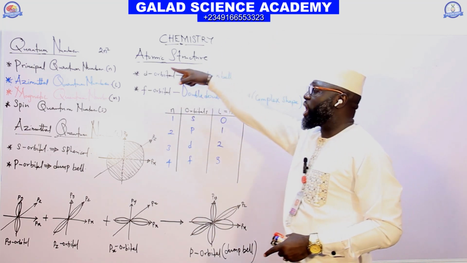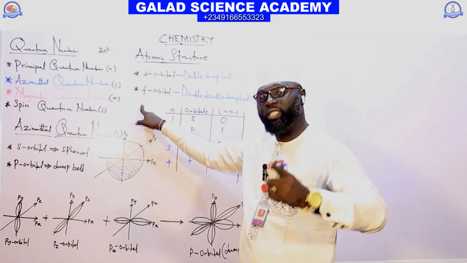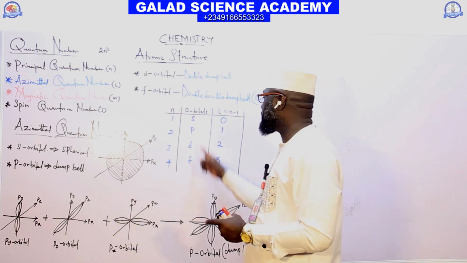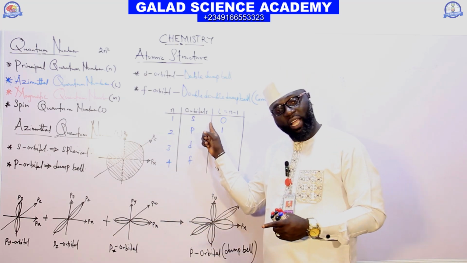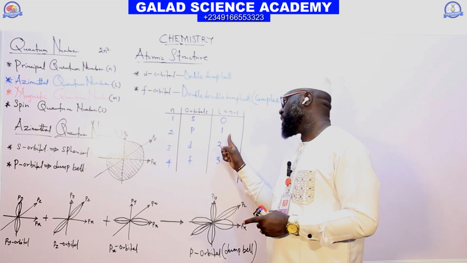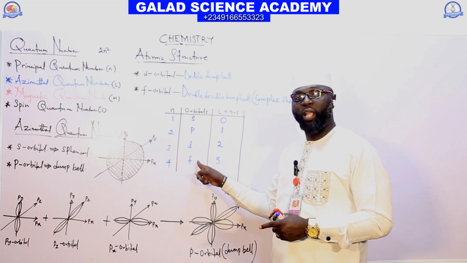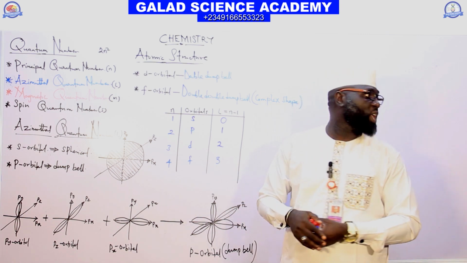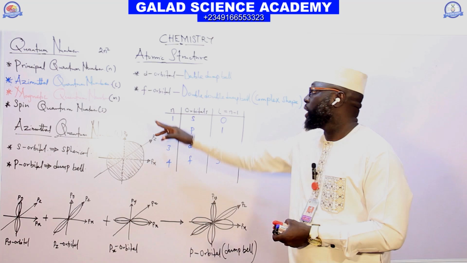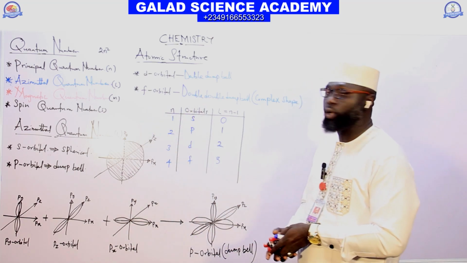And this azimuthal quantum number can also tell us the real value for SPDF orbital. The azimuthal value for S orbital is 0, for P orbital is 1, D orbital is 2, F orbital is 3. That is azimuthal quantum number for the atomic orbital.